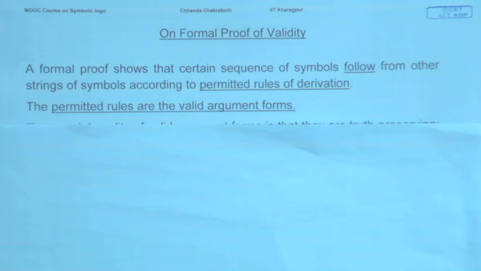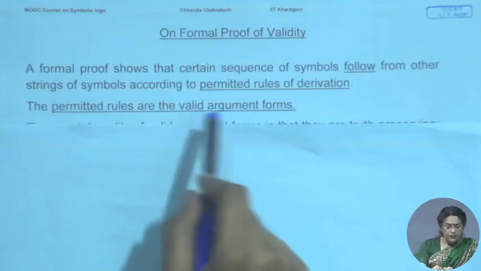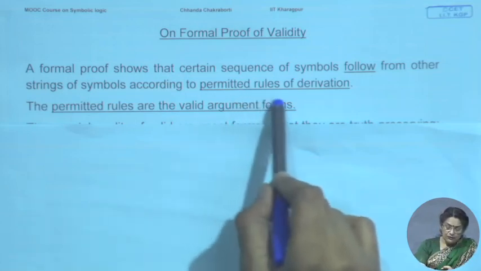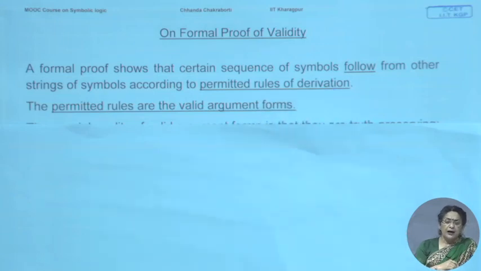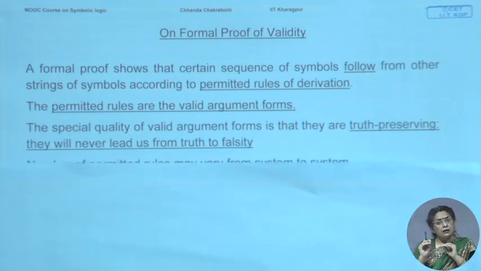What you need to note is that what will function or act as the rules of derivation are actually valid argument forms. I know I have used this phrase earlier also, valid argument forms, and I have not given you any definition. Don't worry, I will not give the definition yet also. I will save it for the next module. So, just listen to this, that these rules are going to be valid argument forms, and that is done consciously.